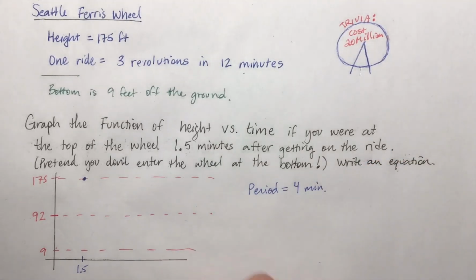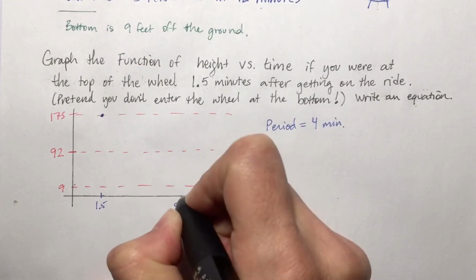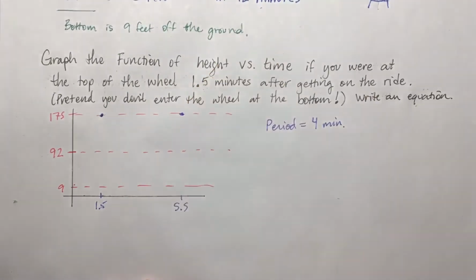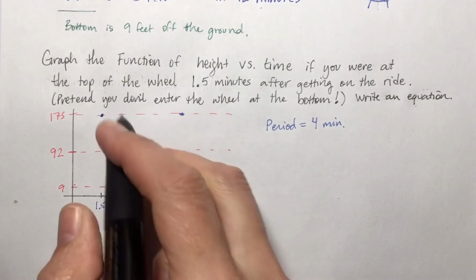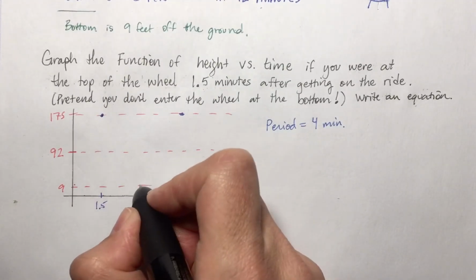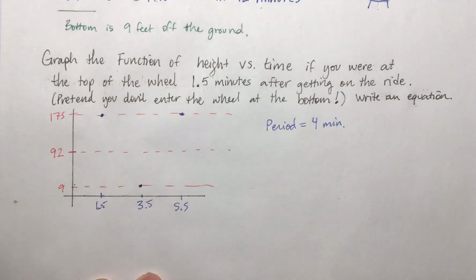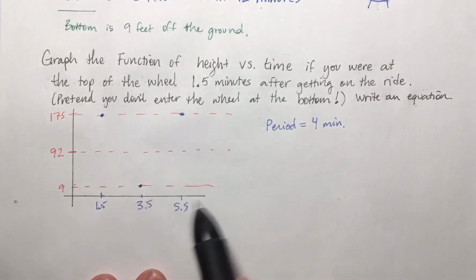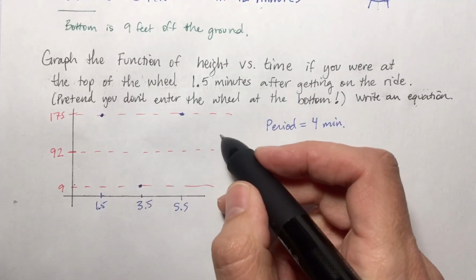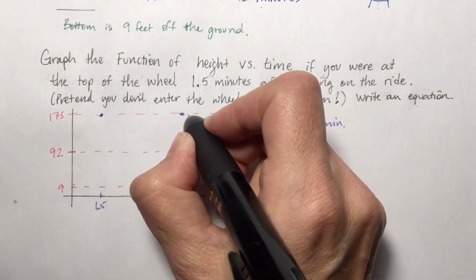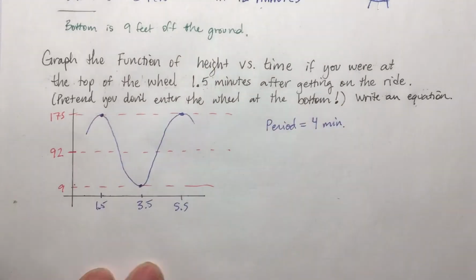So at 5.5 minutes, I'm back to the top. And then it makes sense that 2 minutes after I'm at the top, I'm at the bottom. So 2 minutes after 1.5 is 3.5. I like to have those 3 points because then it gives me enough that I can check my work, and it also gives me enough to draw a fairly bad sinusoid.